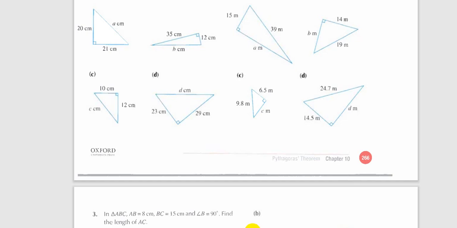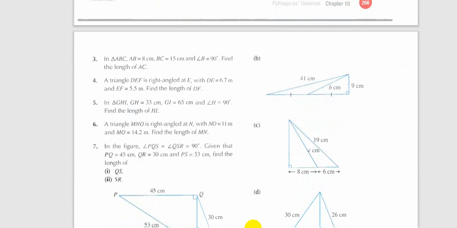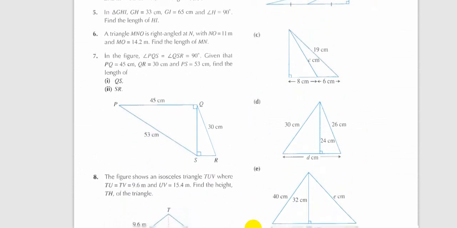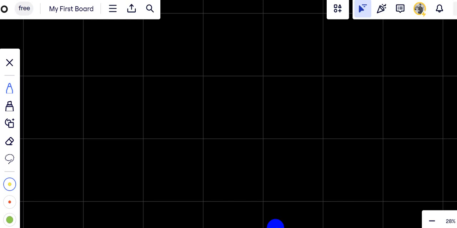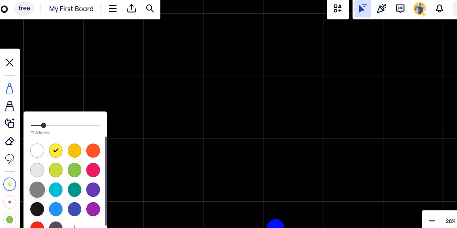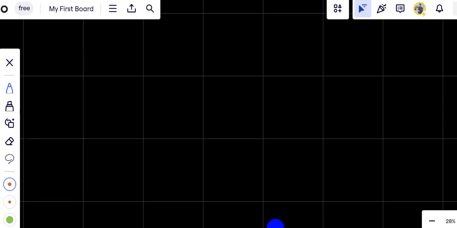Let me take another example. For example, we have a triangle here. Worked example 2. Again, I'm taking a random example.